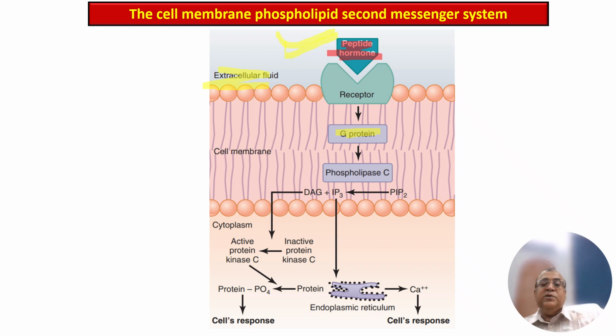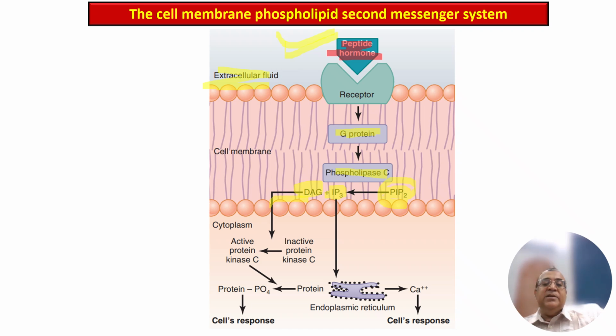Activation of the phospholipase C then occurs, and this activation will result in the degradation of phosphatidyl inositol 4,5 bisphosphate that is cleaved into inositol triphosphate and diacylglycerol.